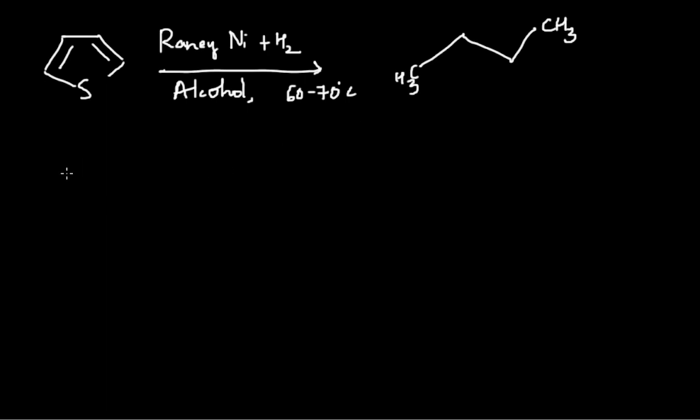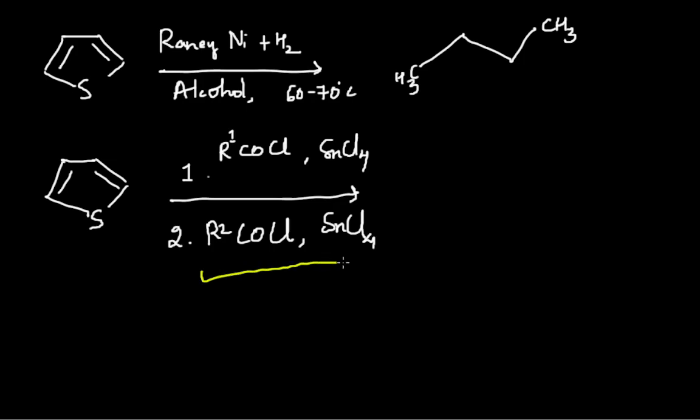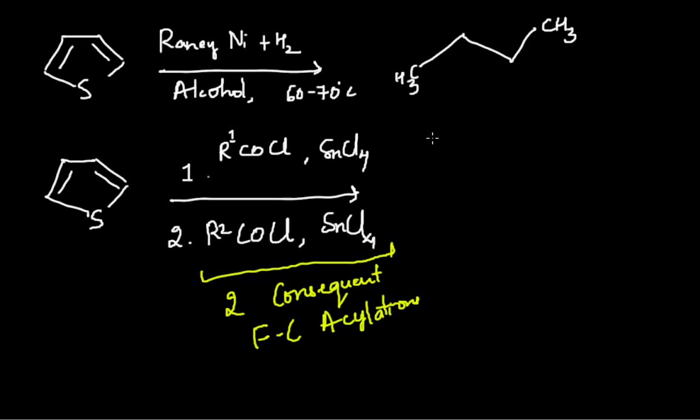Now, when you carry out two consecutive Friedel-Crafts acylations, for example, the first acylation you carry out with R1COCl in the presence of catalyst SnCl4, and then R2COCl, again with tin chloride as catalyst. So two consecutive Friedel-Crafts acylations take place.